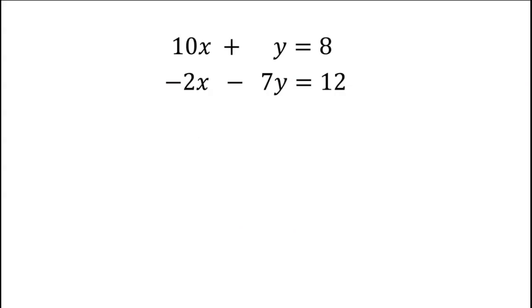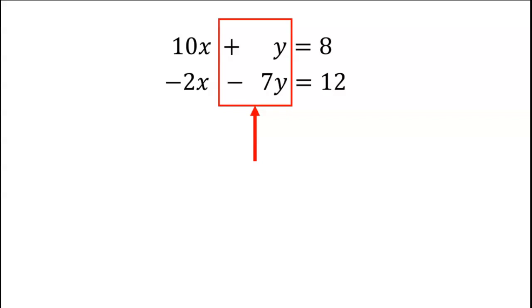Now this time around, the equation looks a little different. When I look, the numbers are not the same. They're different. I have 1y for the first equation, and I have negative 7y for the second equation. So I need to do something in order to make the numbers the same.